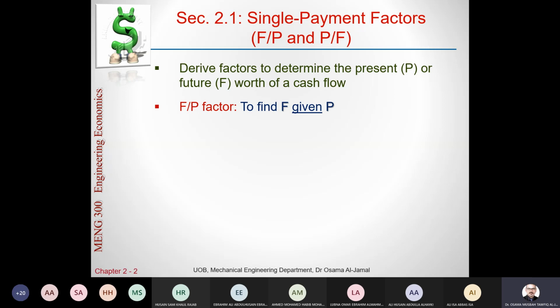Notice one thing also, what we mentioned earlier, we're going to use that F given P or P given F. How to read it? Find the F for a given P. Find the F given P. And that's how we're going to write it.